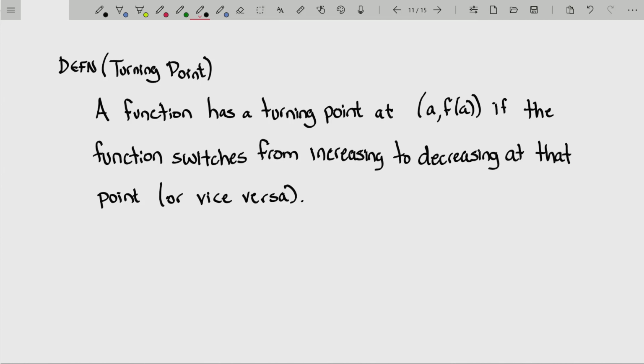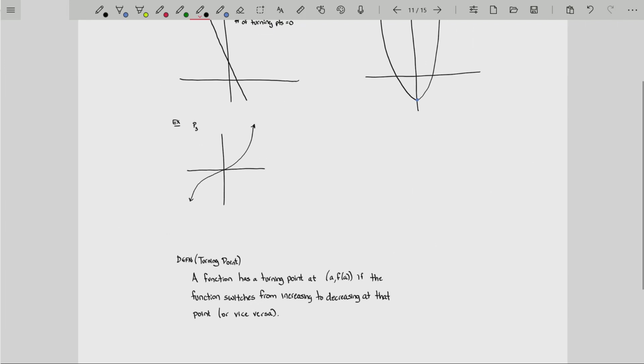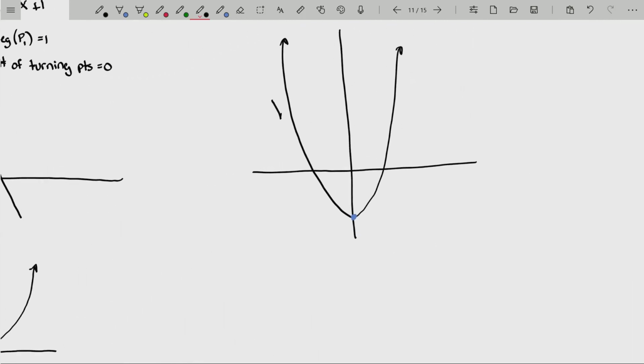It can switch from decreasing to increasing. So if you look at our parabola, it switches from decreasing to increasing at this blue dot point right there. And so that blue dot is considered to be a turning point.